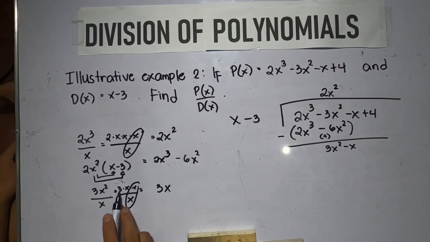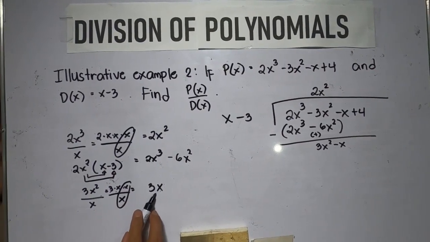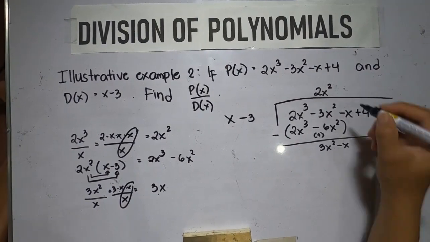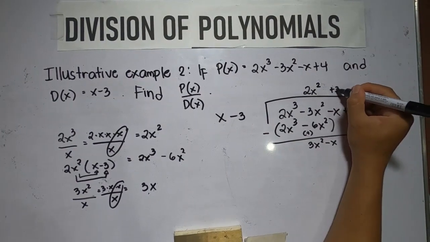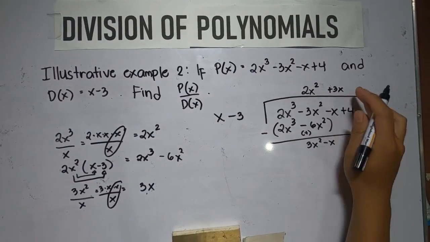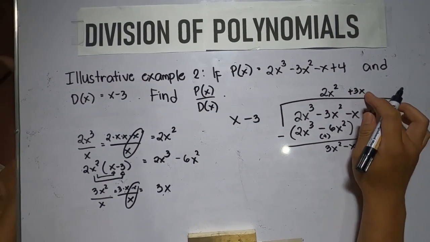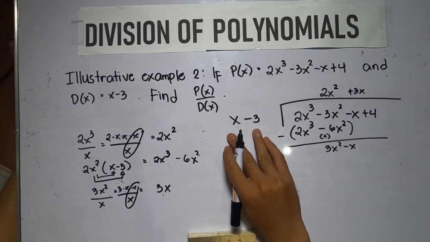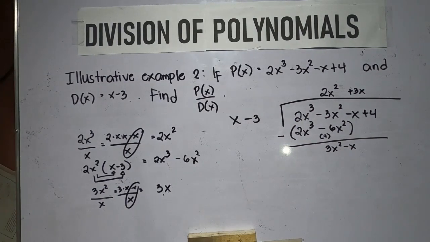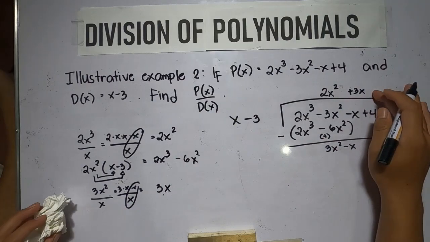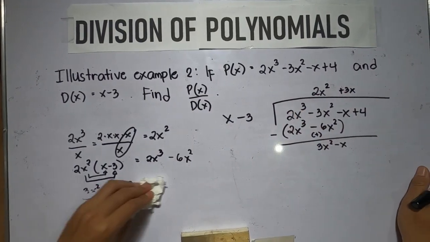The result is the product of 3 and x, which is 3x. So that will be plus 3x. Then multiply 3x times x minus 3. What's the product of 3x and x minus 3?